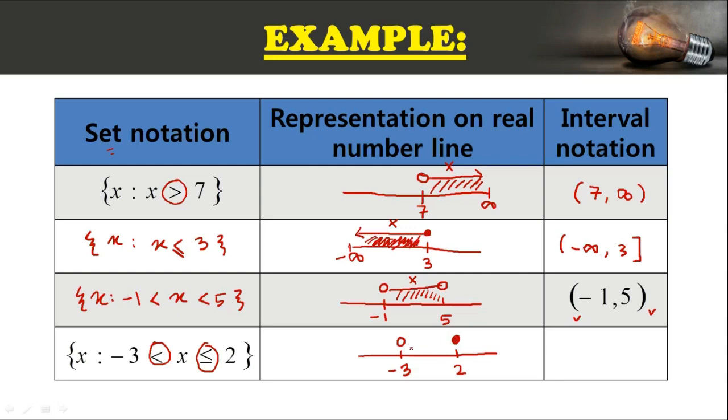Since X is between negative 3 and 2, kita connect di kita punya dot ni. So this is our X. And then for interval notation, since negative 3 is an empty circle, so kita buat bracket biasa. So negative 3, comma, until 2. So for 2, since we have a black circle, our bracket is a square bracket.